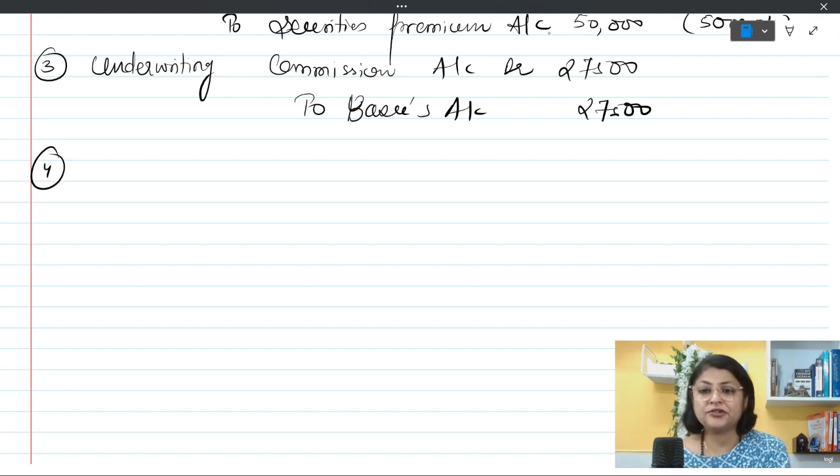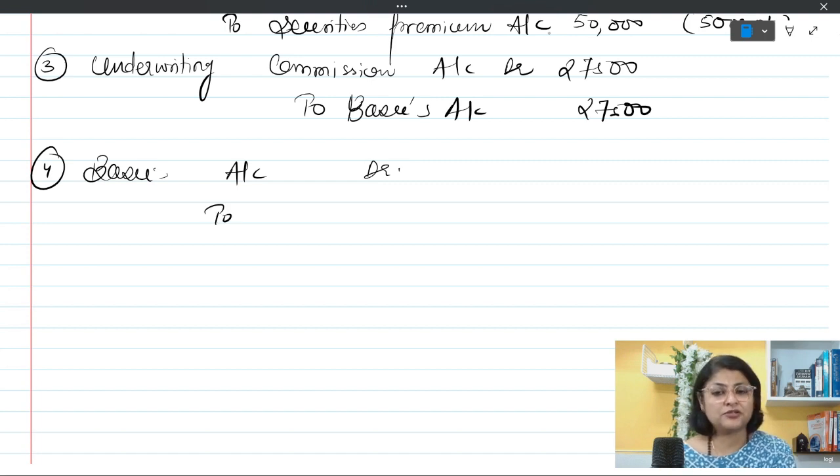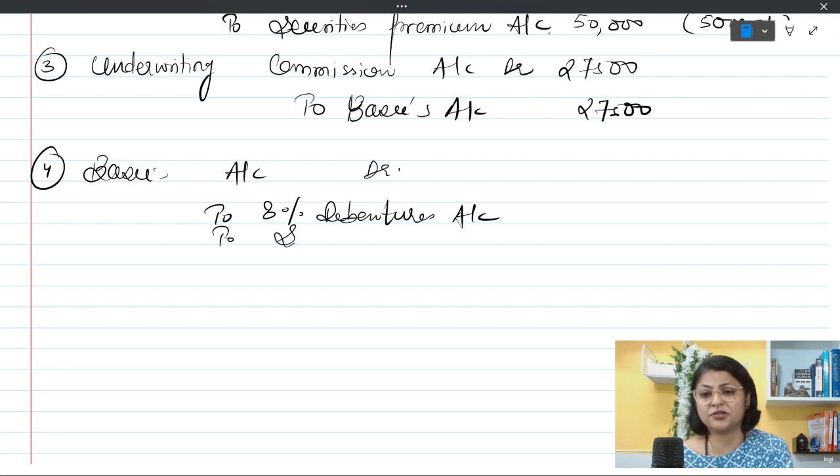Then the next entry is Basu will be discharged with the number of debentures issued to him. To Basu's account debit to 8% debenture, and to Basu also debentures are issued at premium. Debentures account and to securities premium also.